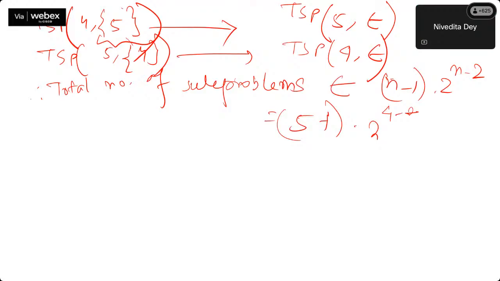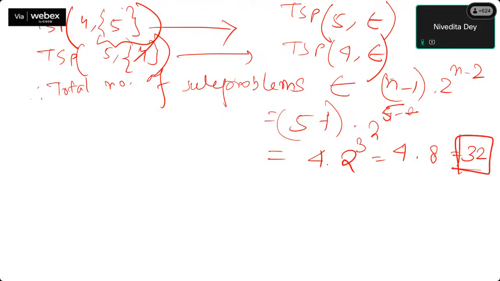Sorry, n is 5, so 5 minus 2. So this is 4 into 2 to the power 3. It is 4 into 8, 32. So this is the actual number of subproblems that we have for n equals 5 cities.